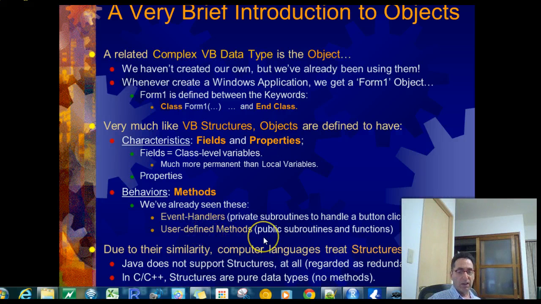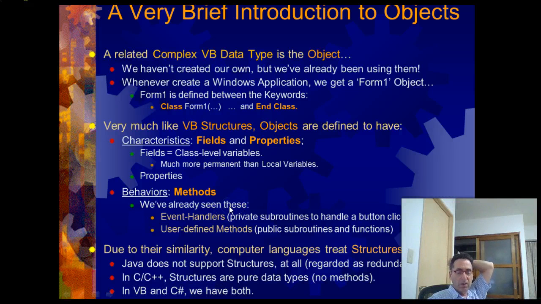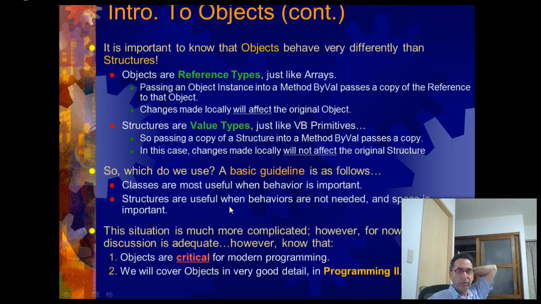Due to their similarity, computer languages treat structures differently. Java does not even have structures at all. So Java doesn't have structures, they just have objects. In C and C++, structures are pure data types, which means they don't have methods, but in Visual Basic they do. In Visual Basic and C#, we have both.